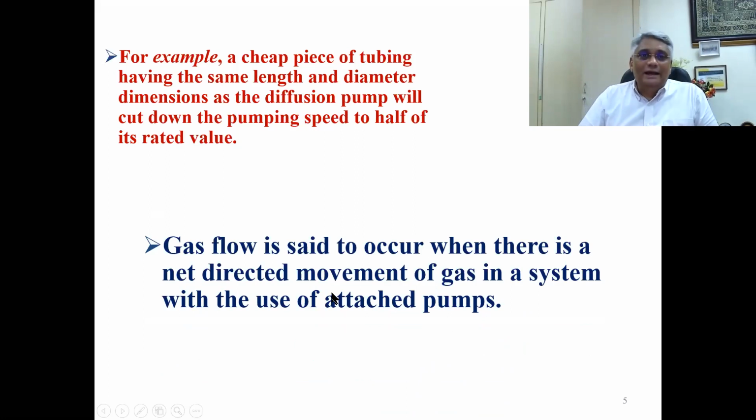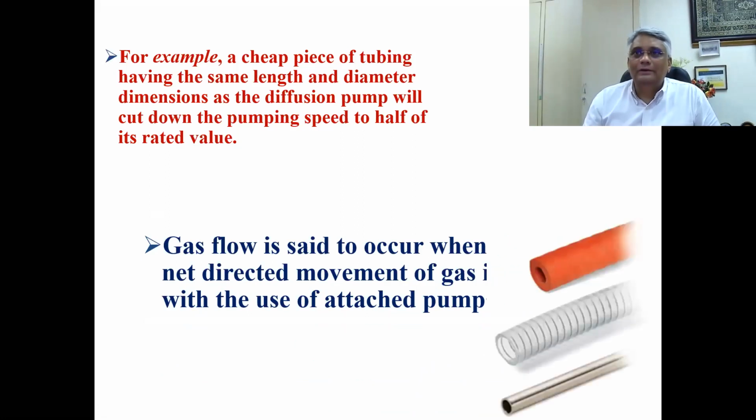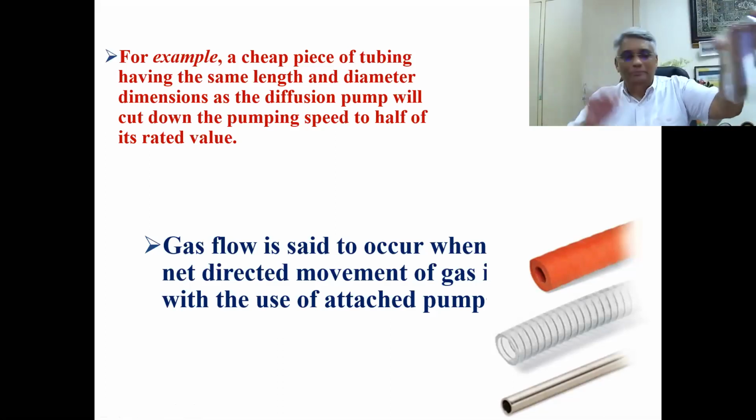We say that gas flow occurs when there is a net directed movement of gas in the system with the use of the attached pumps, right? And what you see here are typically the pipes used between a vacuum chamber and a pump.